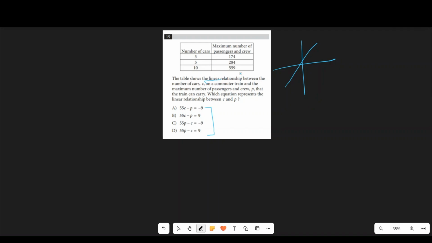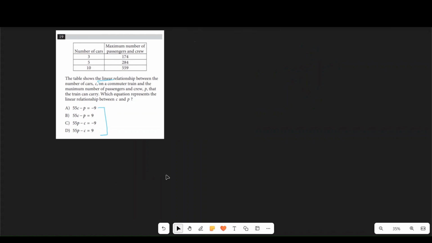If it can be represented as a line, then we can use the properties of a line to figure out the equation of the line given these points.